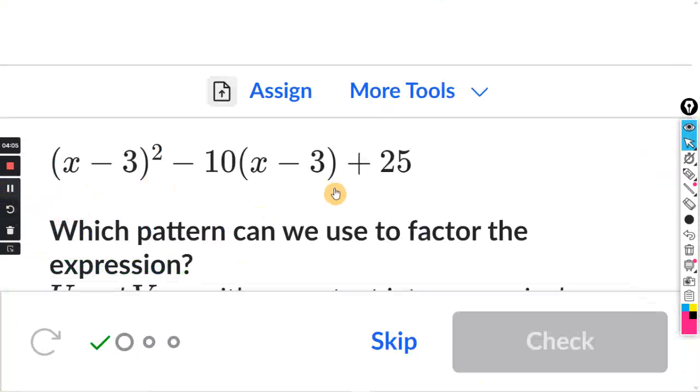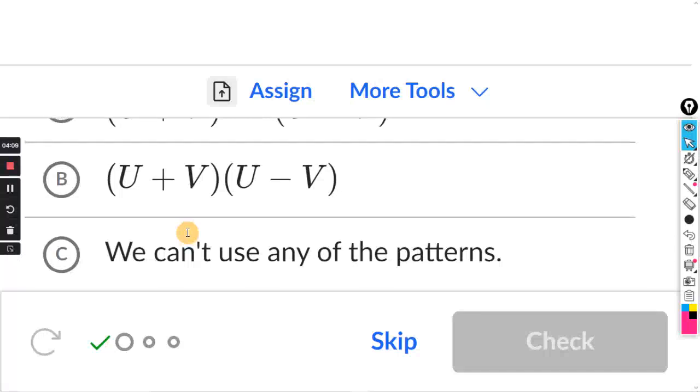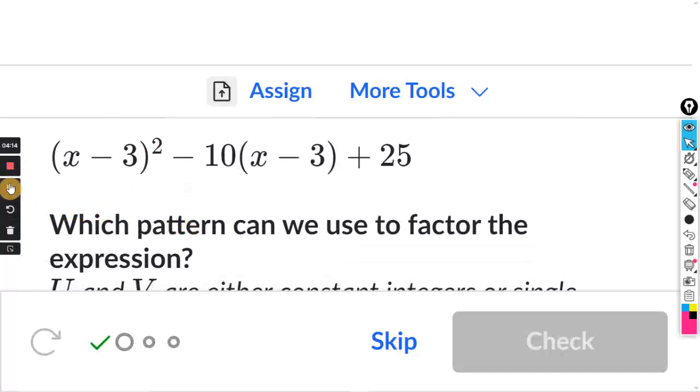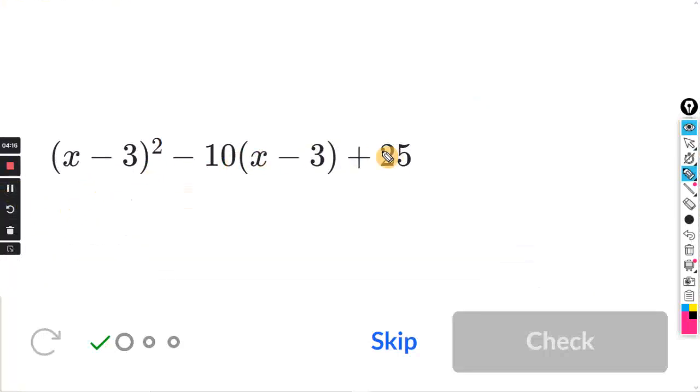All right, next up, they ask the same questions for all of these. There's the same multiple choices. So let's try to do the same thing on this one. All right, so to me, I'm thinking this is in the form of a squared minus 2ab plus b squared.